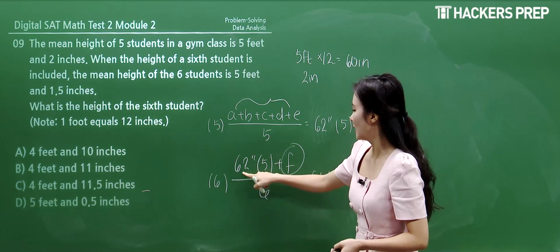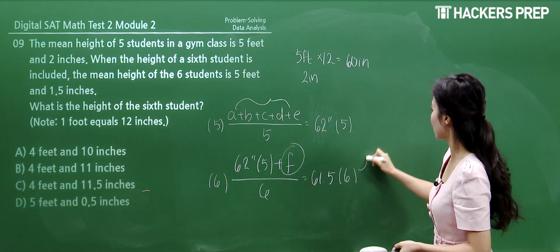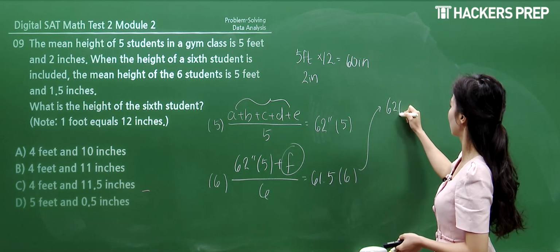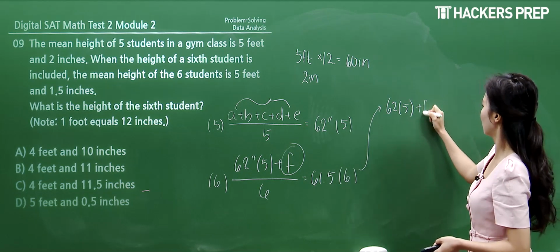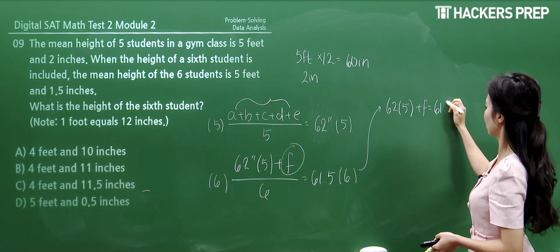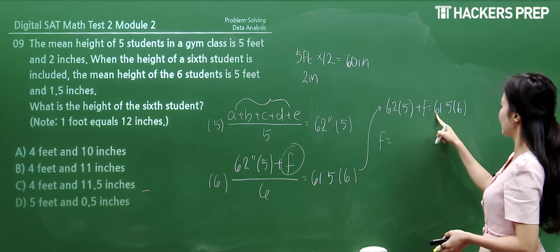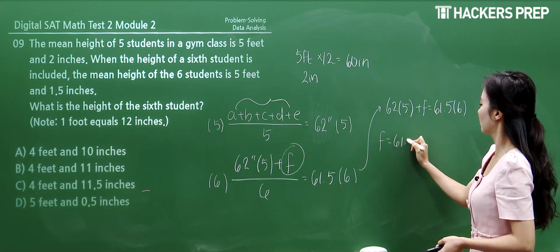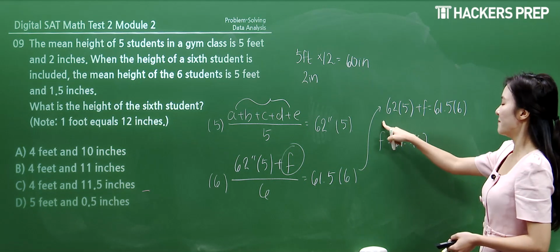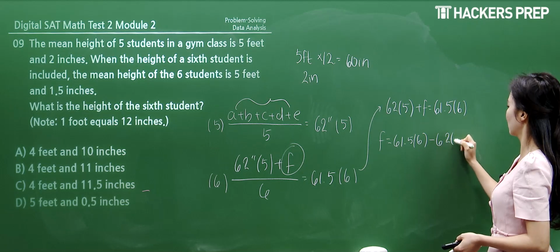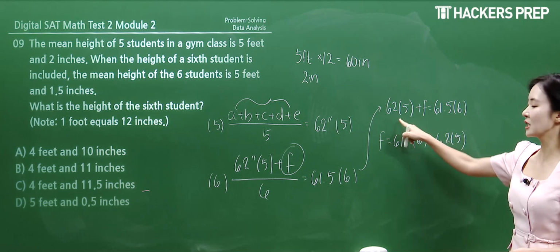Okay, so let's continue the work here. That means F is going to be 61.5 times 6, minus 62 times 5.